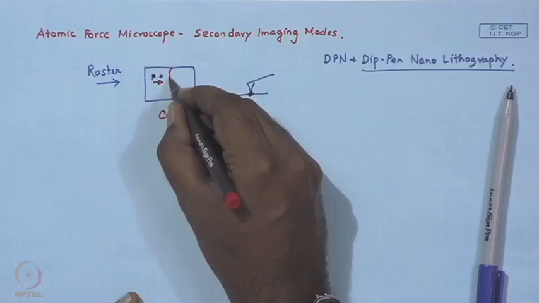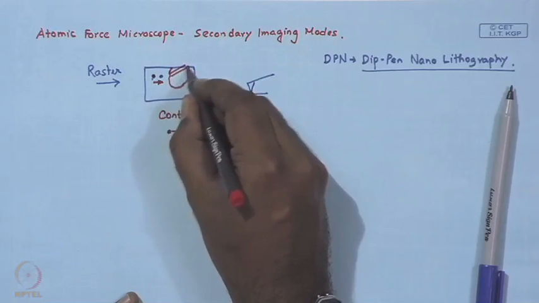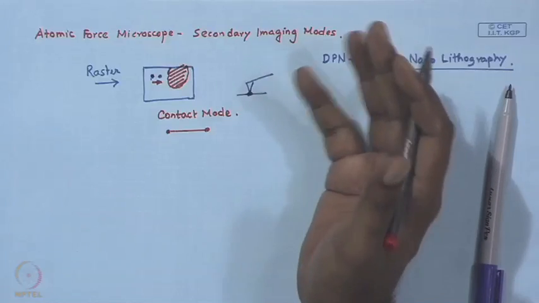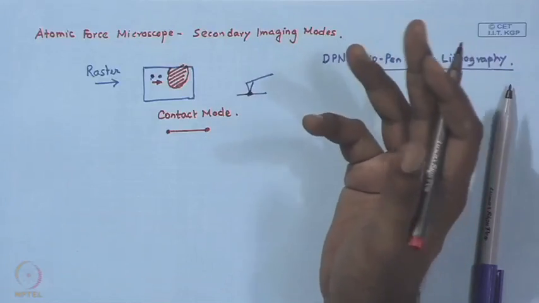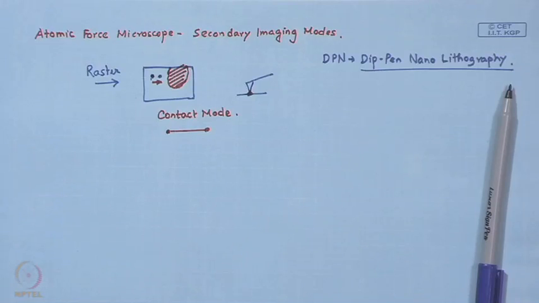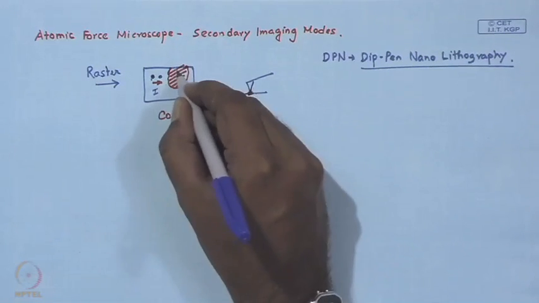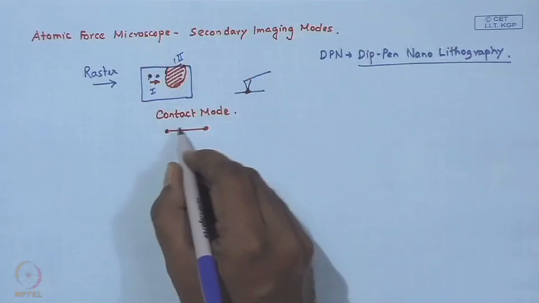Now, you understand, if we have a different domain, a domain of a different material, or let us say a different phase on the surface, then what will happen? The frictional property over here, let us say phase 1 and phase 2, will be different.